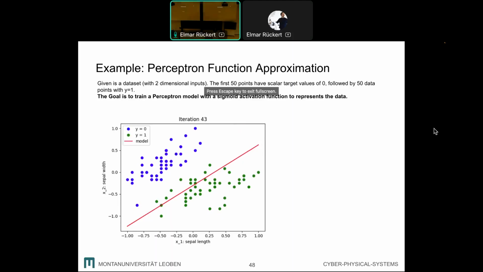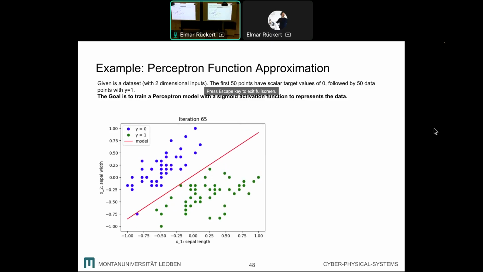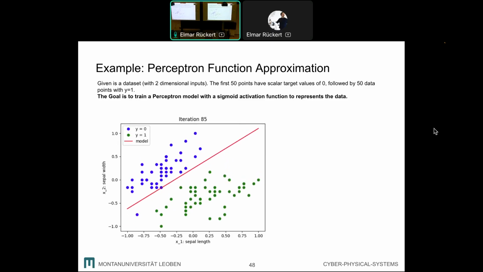Well, if you don't implement batch updates, there's another big risk, and you see it here.